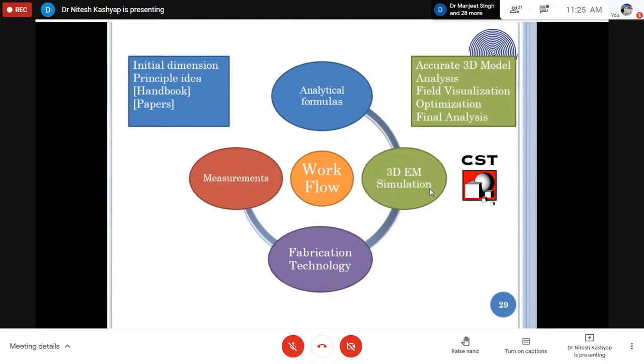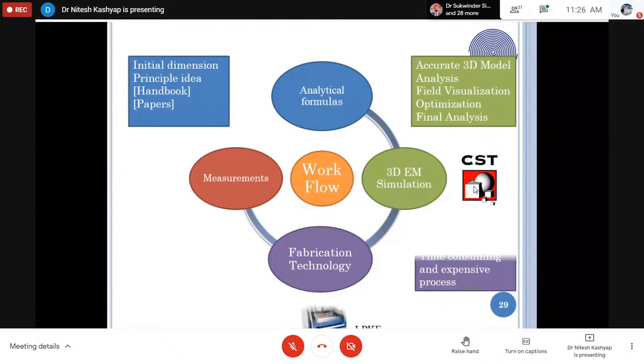So the cost will definitely be reduced, so we use CST or HFSS and other software to design antenna or microwave components.